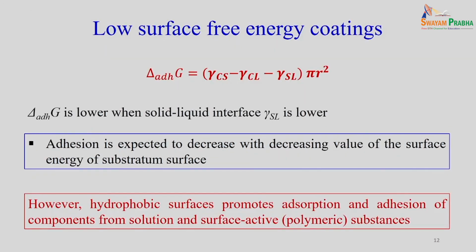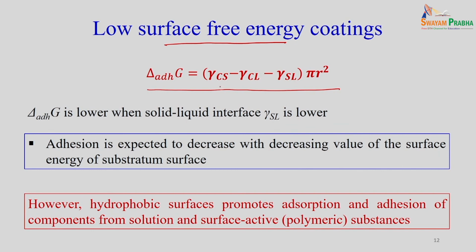So, next is, if you can tune the surface free energy, or you can say the surface energy. As you remember, in the last lecture during the cell surface interactions, we discussed the spreading coefficient or the Gibbs free energy of spreading or adhesion. It depends on the interfacial interactions.